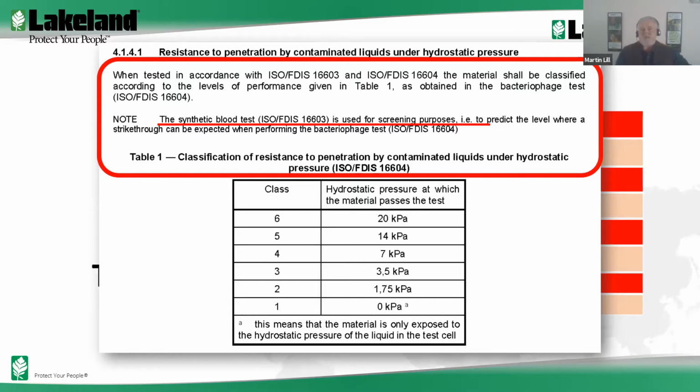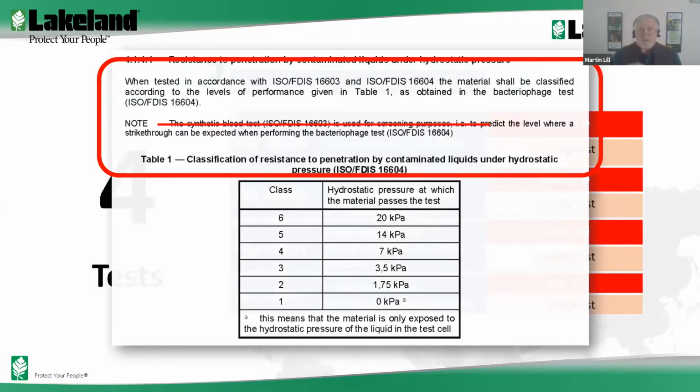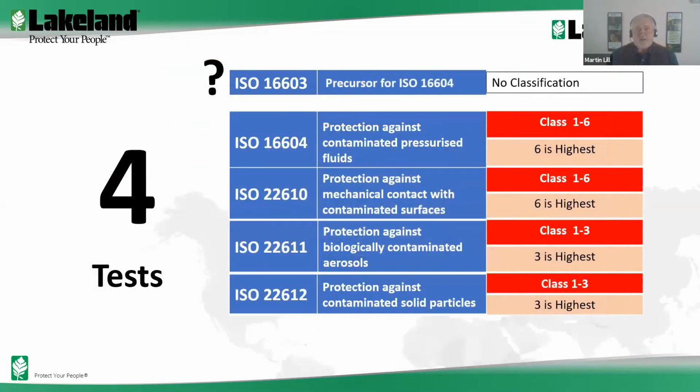And then underneath that, you've got the classification table, and it clearly says in the description that that classification is according to the test 16604. So basically, the standard tells us it's pretty clear that 16603 is a precursor test. It's a test that shouldn't be quoted, and it's not there to indicate any level of protection.